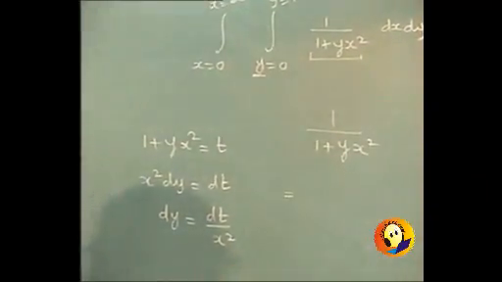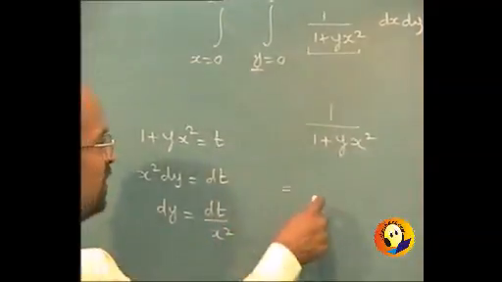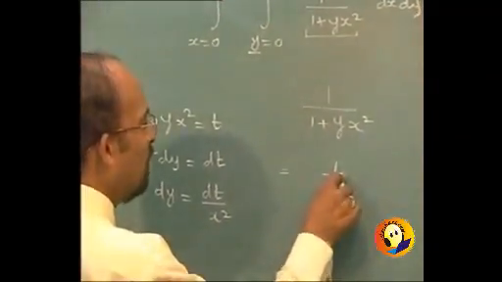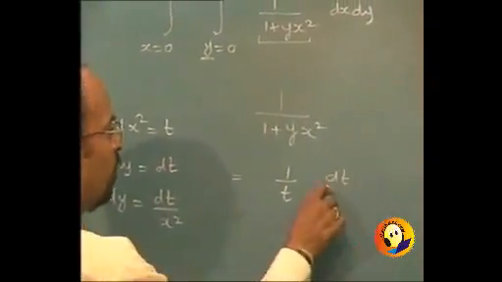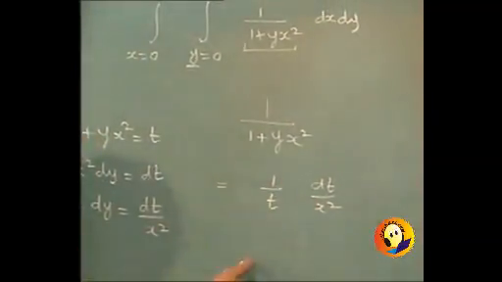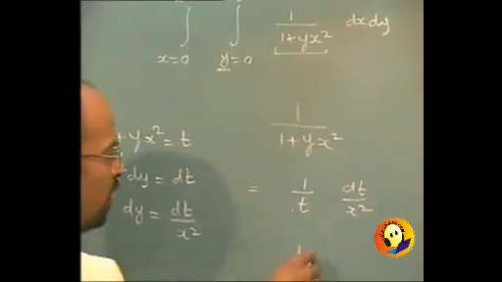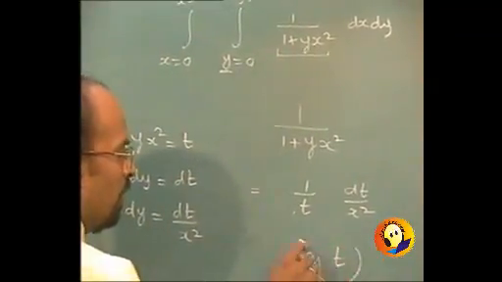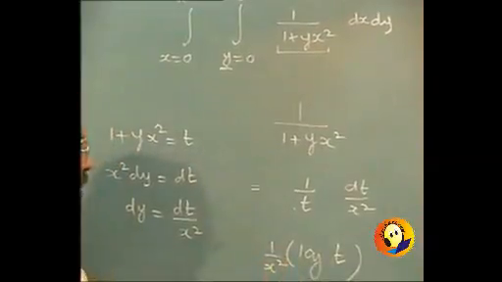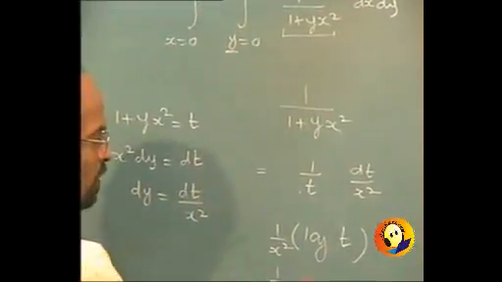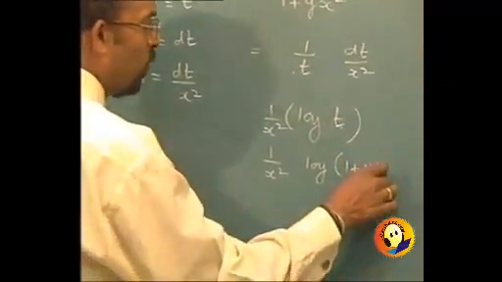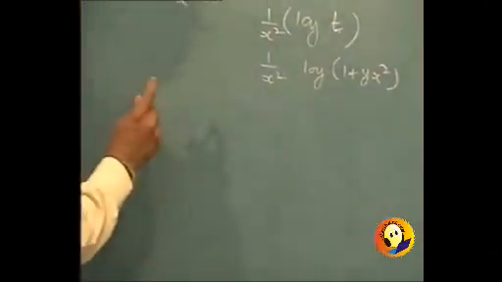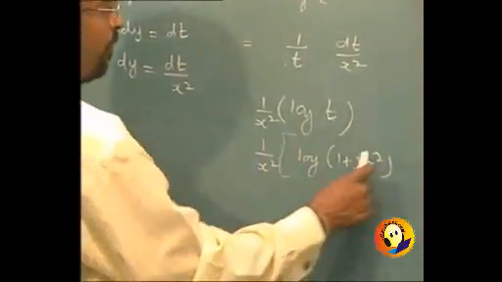And so you can integrate it, and the integration in this case will come out to be 1 upon t into dt upon x square. This dt upon t will result in log t, and you already have 1 upon x square. When you substitute for that log t as 1 plus yx square, and when you substitute the limits of y, it will be from 0 to 1.